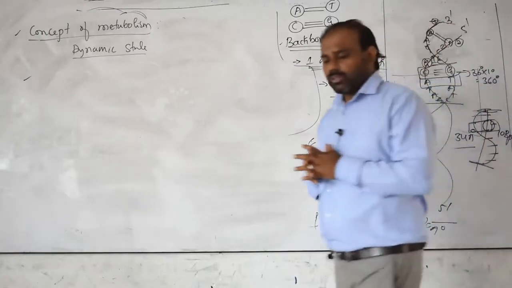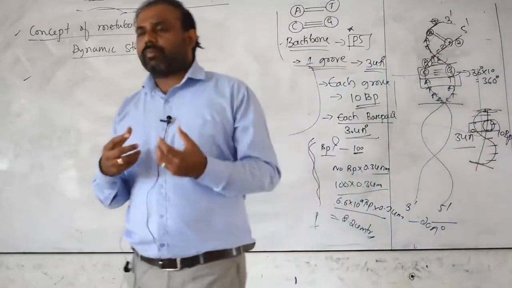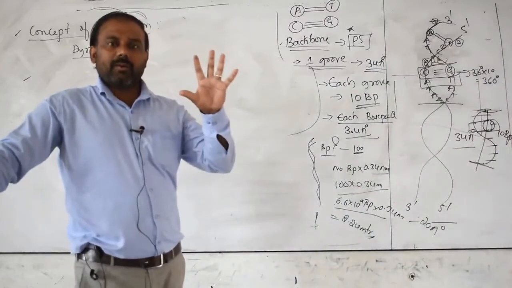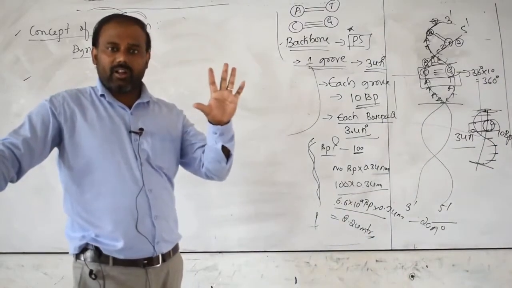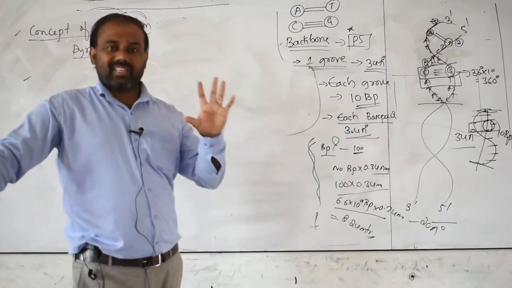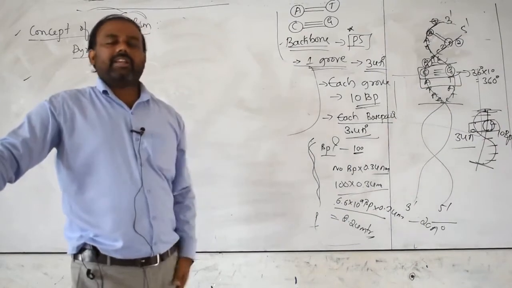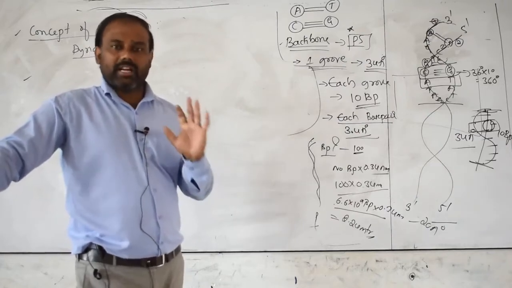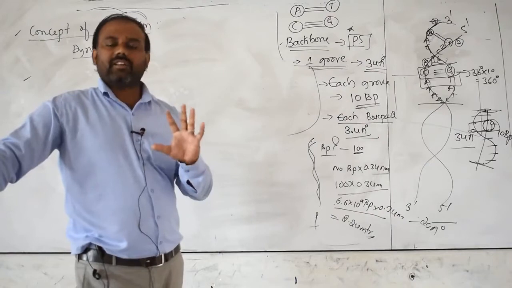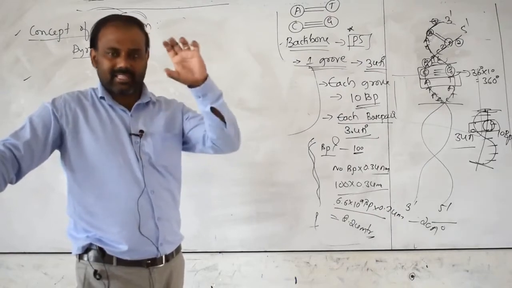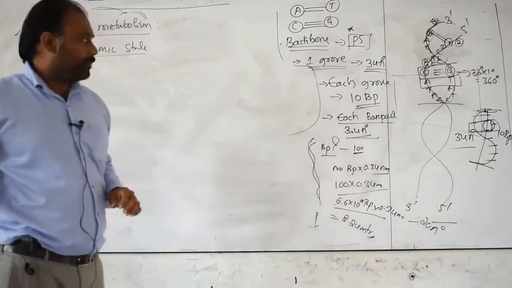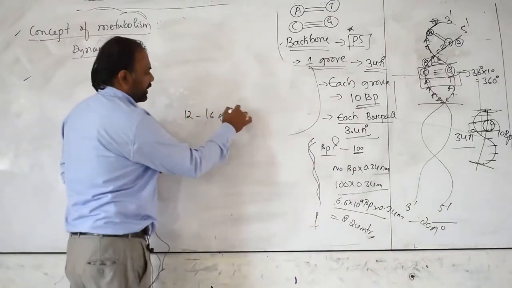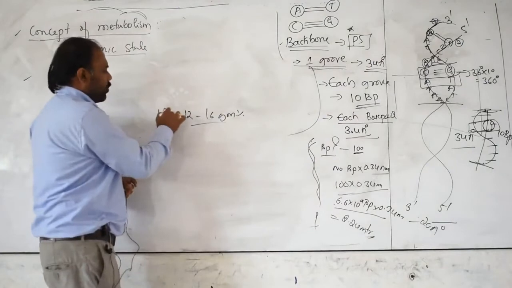What I am going to impress on you is that in our body there are already some standards made. For example, a healthy male must contain almost 12 to 16 gram percent hemoglobin. That is the standard hemoglobin percent.